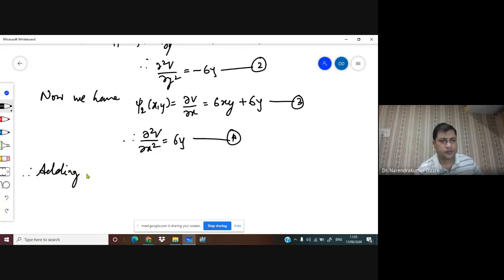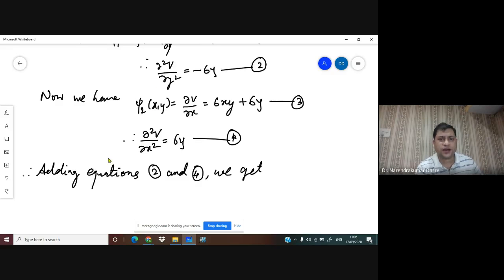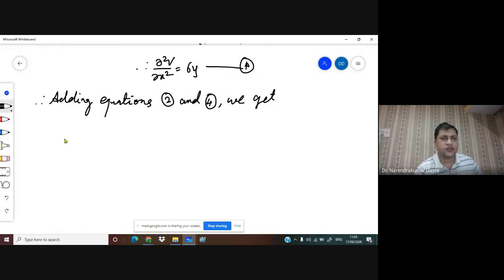Adding equations 2 and 4, we get ∂²v/∂x² + ∂²v/∂y² = 6y − 6y, and that's going to be 0.